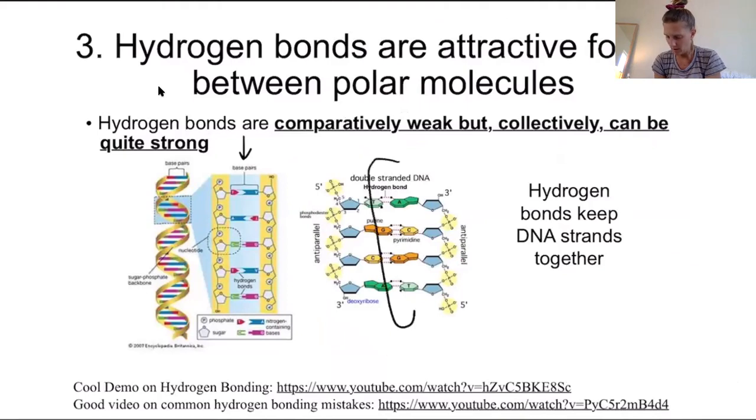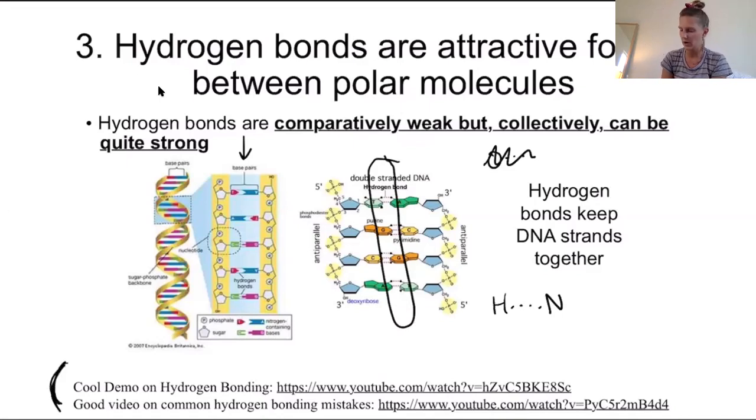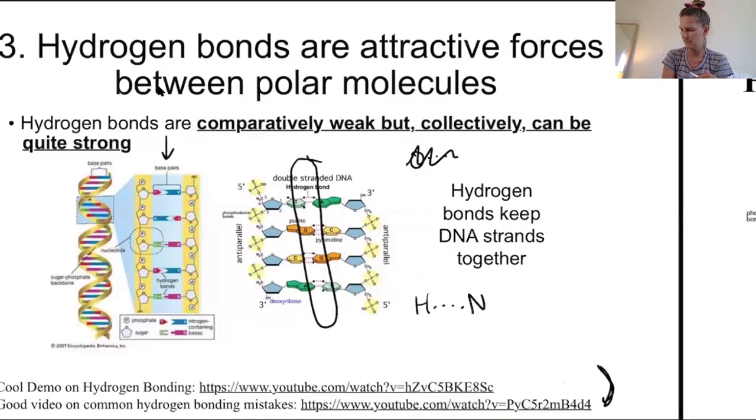So all along the middle of a DNA molecule, you have hydrogen bonds that are keeping the two strands of DNA together, right? And those are usually between, I think, H's and N's, the nitrogenous bases of DNA. But we'll get there, don't worry. Notice, I've got some good videos here. You should check them out.